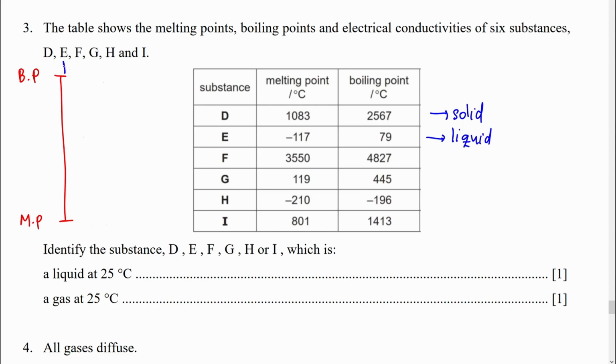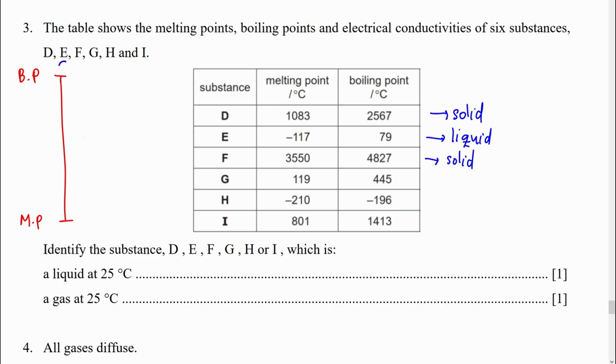Now let's see substance F. F, the boiling point is 4,827 and the melting point is 3550. So where is 25? 25, of course, is going to be very far down here. It's still below melting point, so that's why the state here is going to be solid.